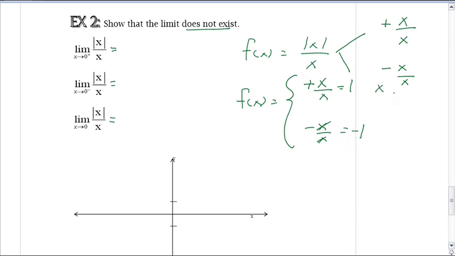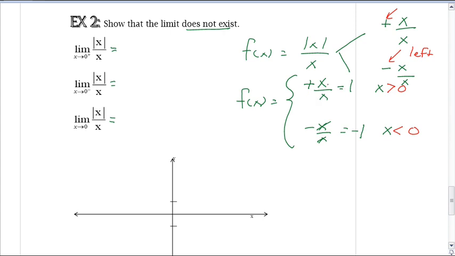Now because I'm going from the right, let me grab another color here. Because I'm going from the right, and I know it's the right because it's positive, I would write x greater than 0, because I'm approaching from the right. And here, you guessed it, I'm approaching from the left because it's a negative. And we're approaching 0 on both of these.